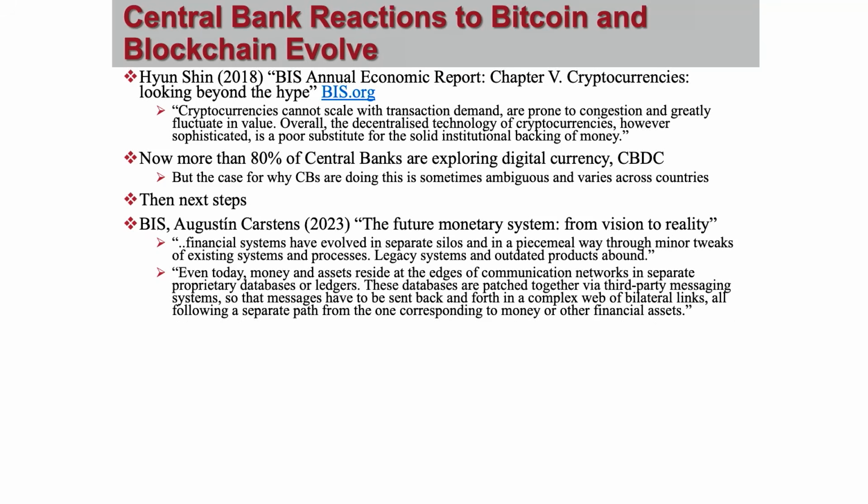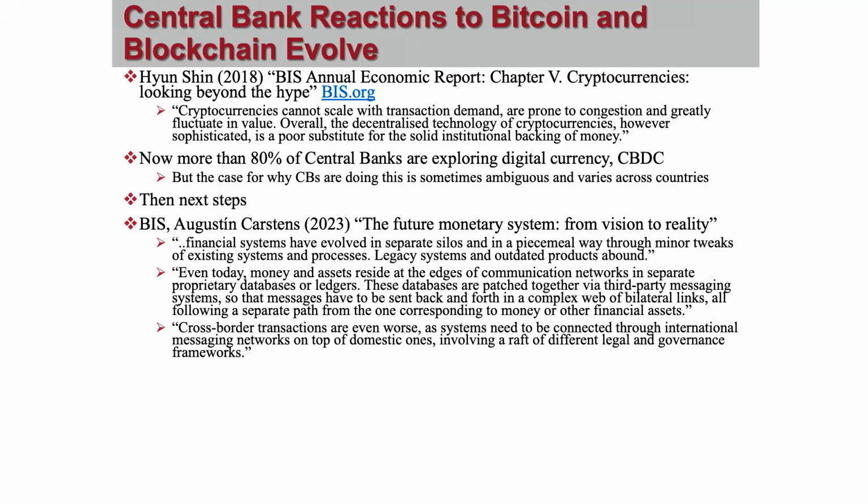Even today, money and assets reside at the edge of communication networks in separate proprietary databases or ledgers. These databases are patched together via third-party messaging systems so that messages have to be sent back and forth in a complex web of bilateral links, all following a separate path, one corresponding to money and the other to financial assets.